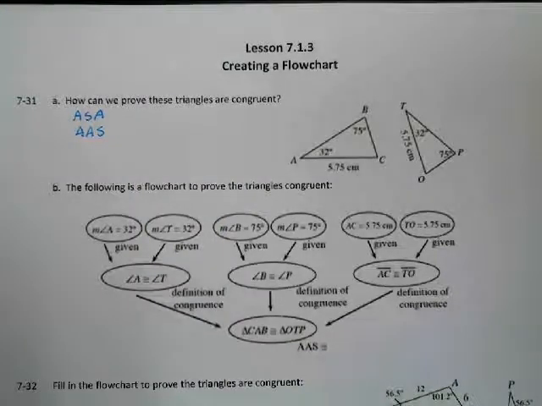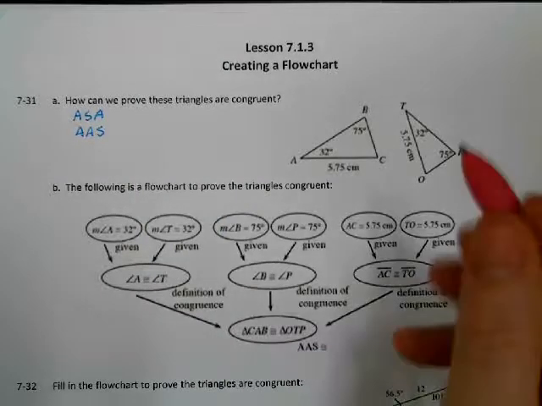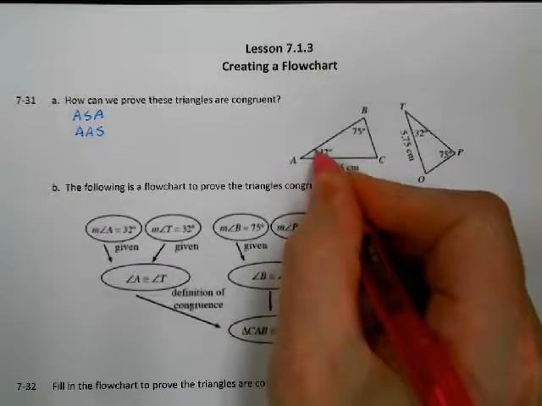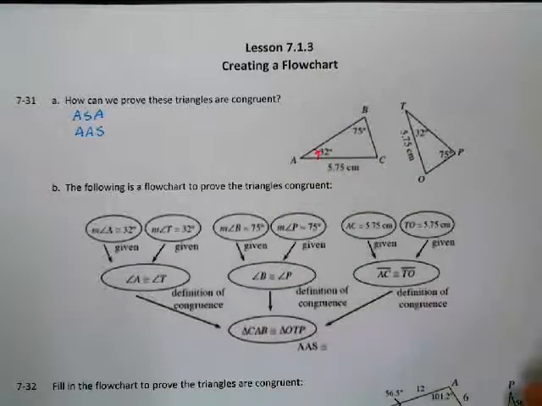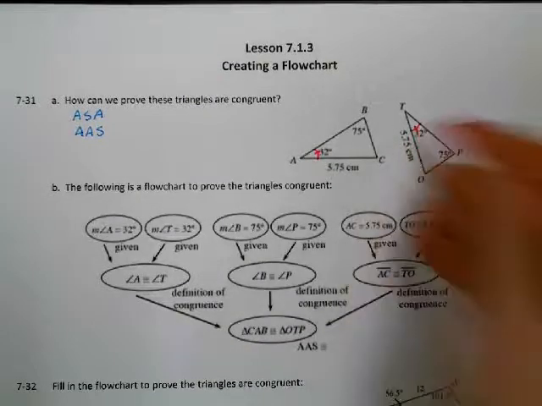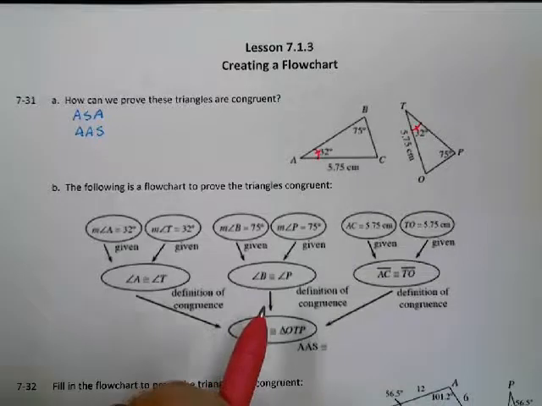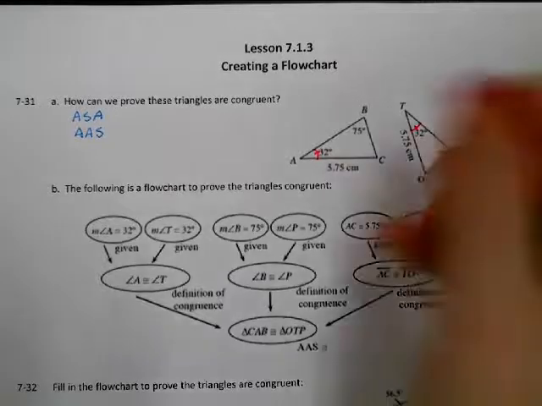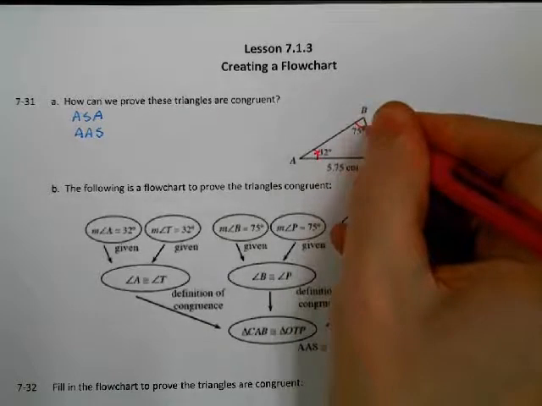So looking at what we have here, let's look at this 32-degree angle. I got a 32-degree angle over here. And what do you know? I've got another 32-degree angle over there. So there we have one angle from each triangle that's congruent. I've got a 75-degree angle up here. Lovely.